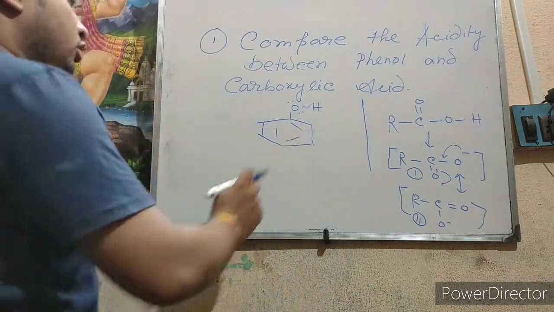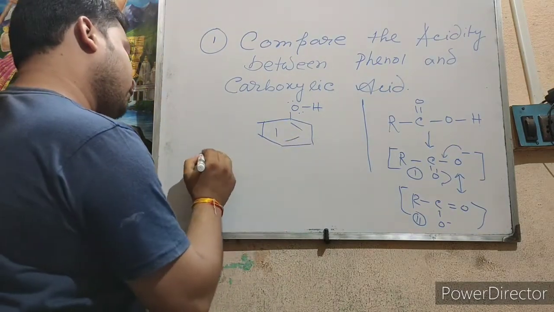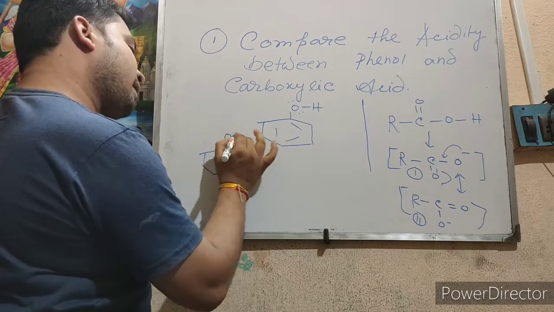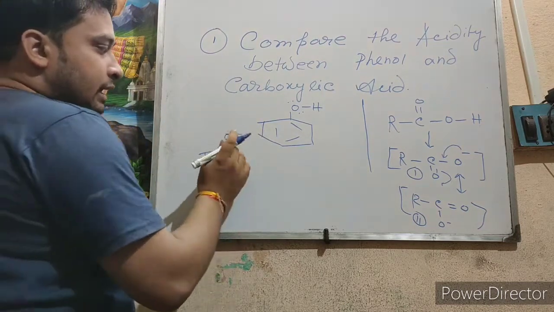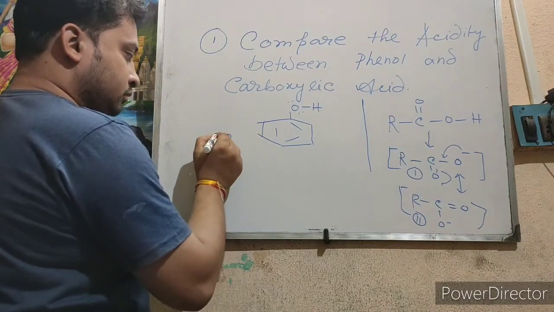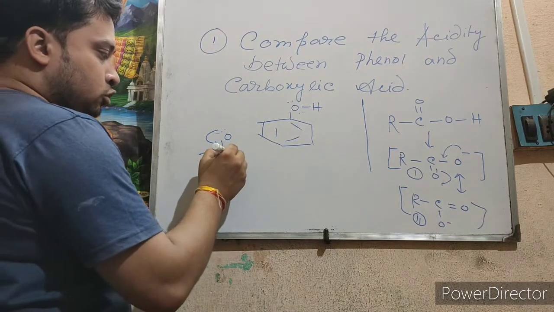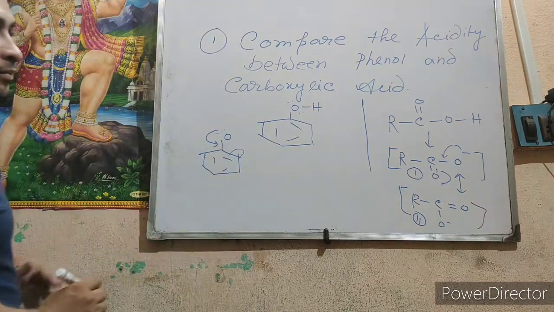Okay, but on the phenoxide ion, that is O minus, it gives you the electron here, so minus is here.